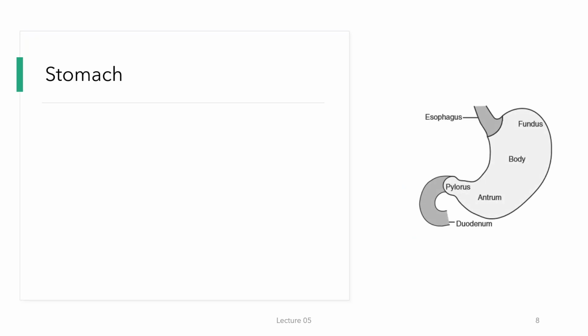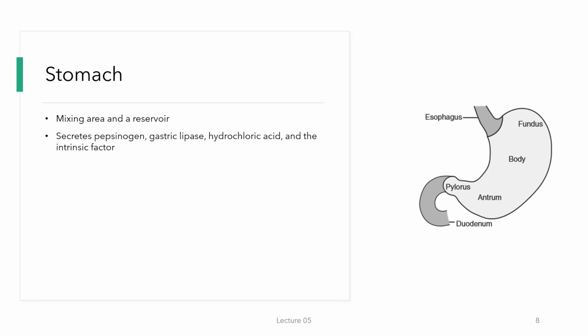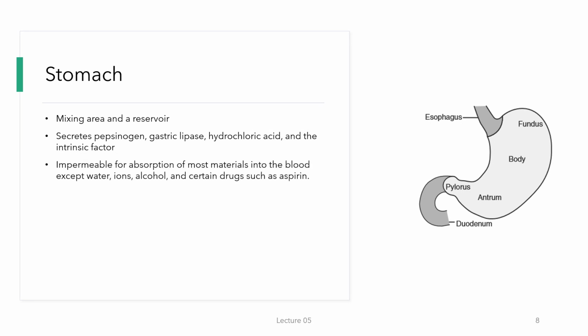The stomach serves as the primary mixing area and a reservoir that secretes pepsinogen, gastric lipase, hydrochloric acid, and the intrinsic factor. This section of the GI tract is normally impermeable for absorption of most materials into the blood, except water, ions, alcohol, and certain drugs such as aspirin.